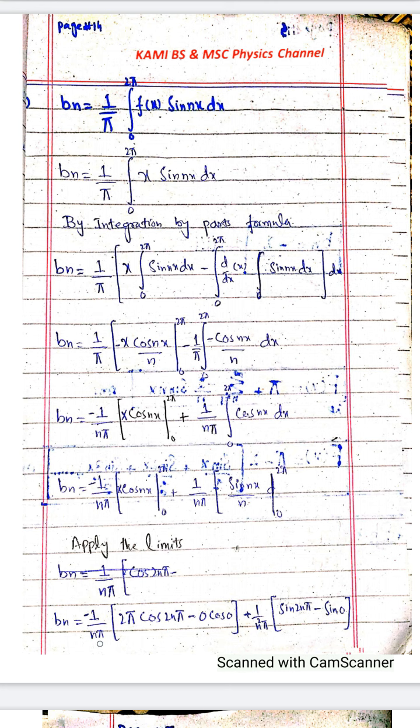So bn is equal to minus 1 over n pi, now we put the limit, so 2 pi cos 2n pi minus 0 cos 0, plus 1 over n square pi, we will apply the limits, so sin 2n pi minus sin 0.